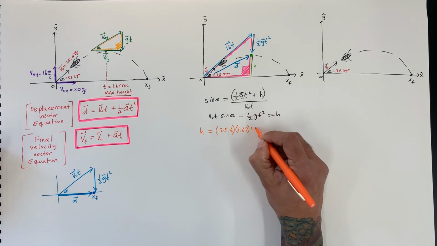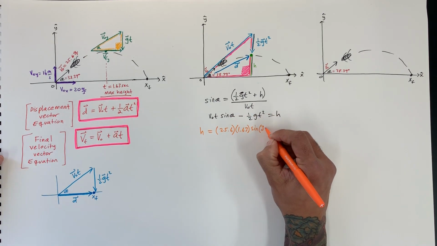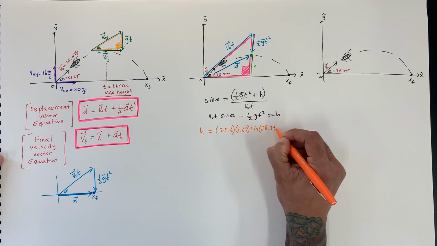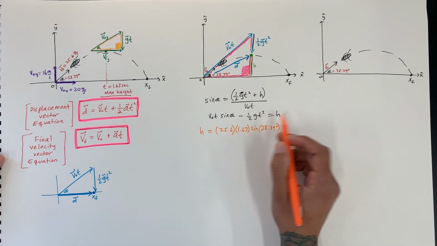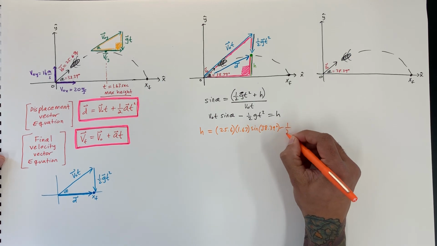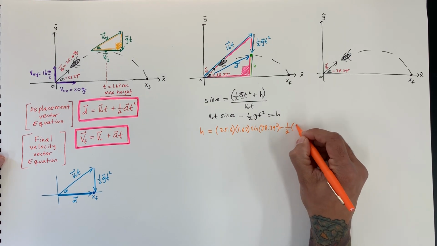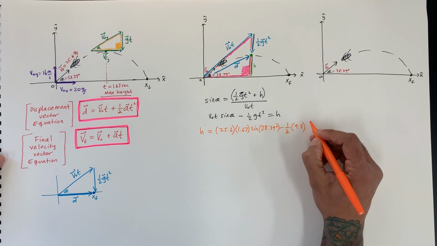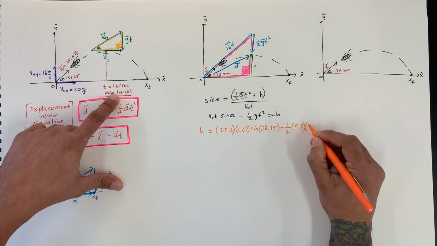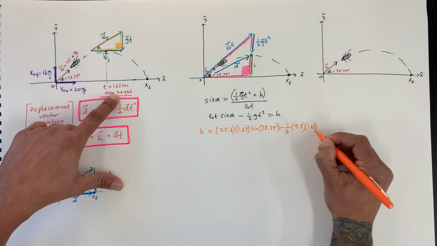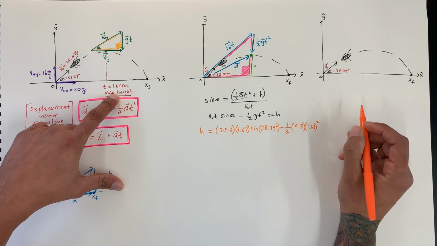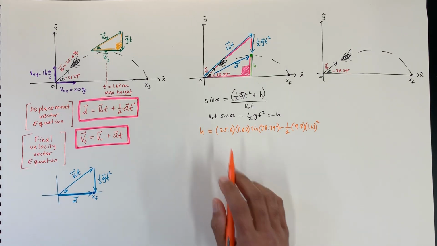We have sine theta of 38.39 degrees, and that's minus 1/2. G is 9.8, and again the time is 1.63 squared. All of this equals h.